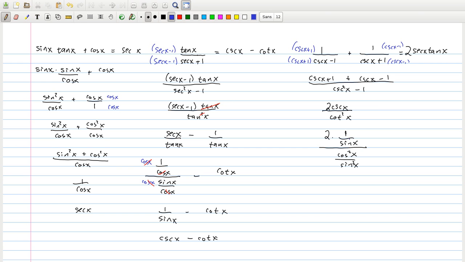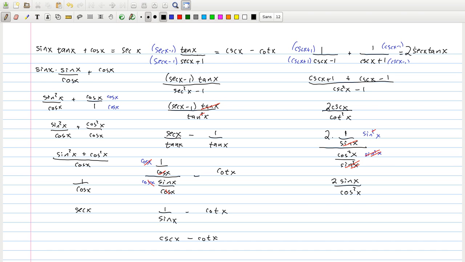We can now simplify this by multiplying numerator and denominator by the common denominator, which in this problem is sine squared x. And then reducing these, I see that one of the sines will cancel in the numerator, and the sine squared will cancel in the denominator, leaving us with just 2 sine x over cosine squared x.